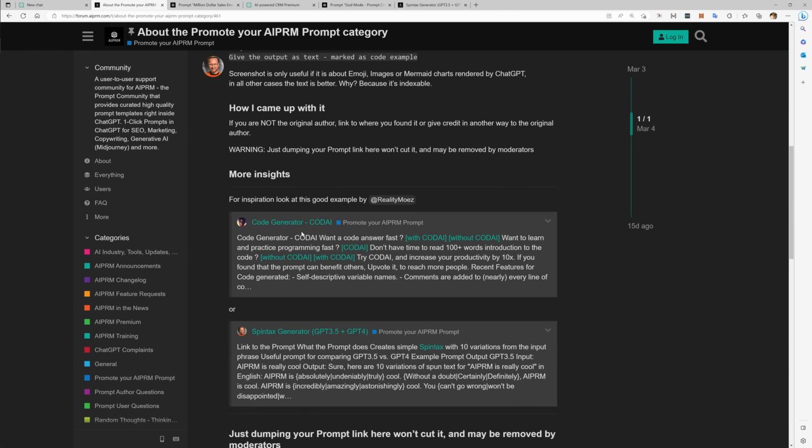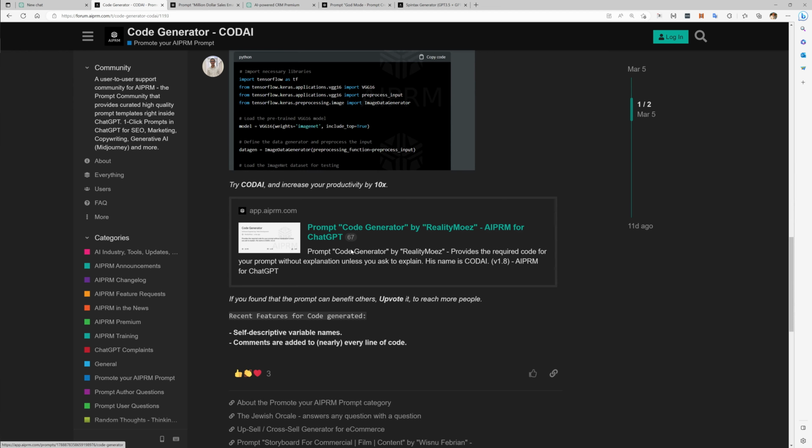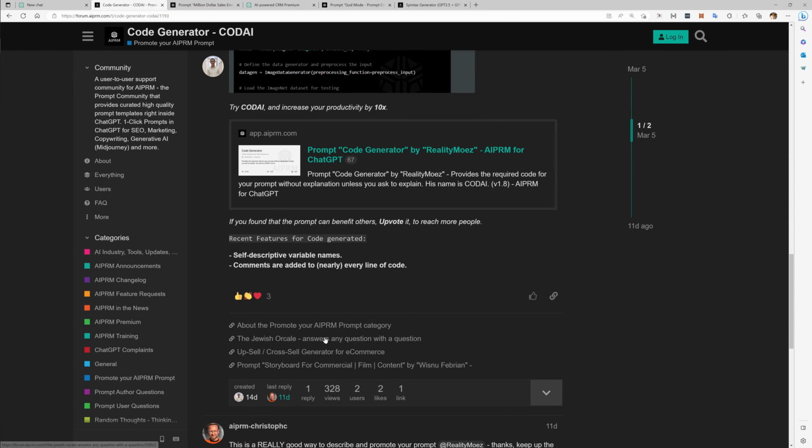And when you look at something like the code generator Kodai from Reality MOS, this is what we want to see. This is what you need to see to understand what it's about. And here we even have a version history of how the prompt was improved when the prompt engineer updates it.